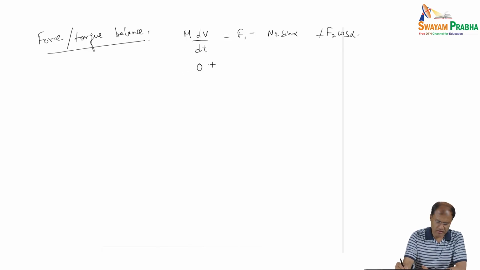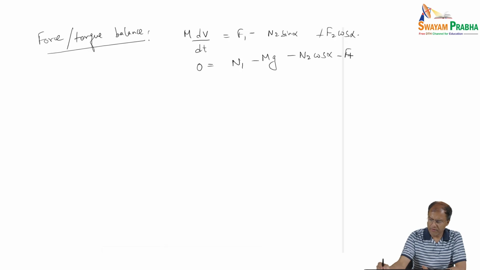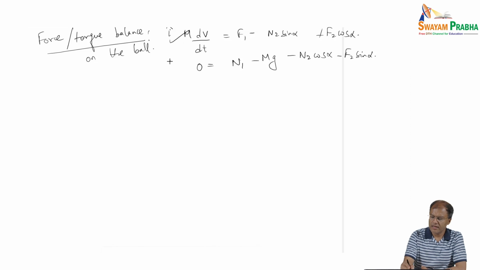And 0 is N1 minus mg minus N2 cos alpha minus F2 sin alpha. So these are the force balances on the ball. This is the force balance along the i hat direction, this is along the j hat direction.